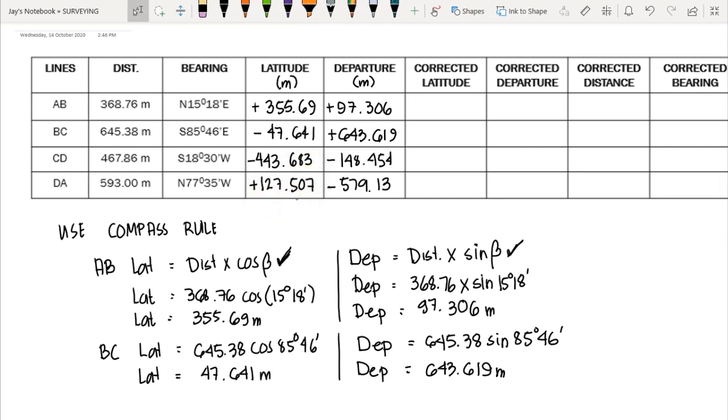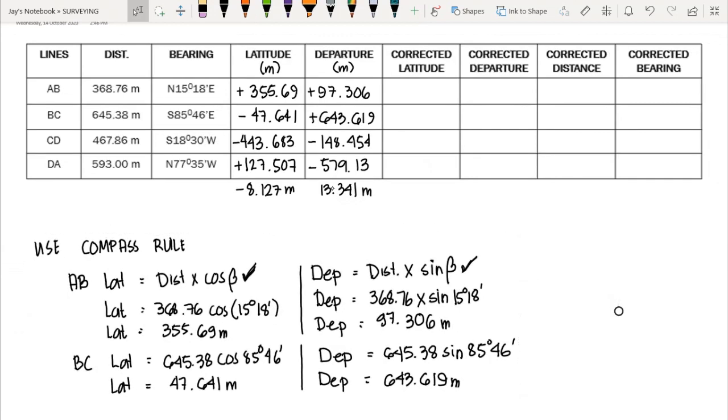So the result would be negative 8.127 meters. For the departure, you just add all these values, but you need to include the sign. We have 13.341 meters. So this is the error of closure on the departure of that traverse.